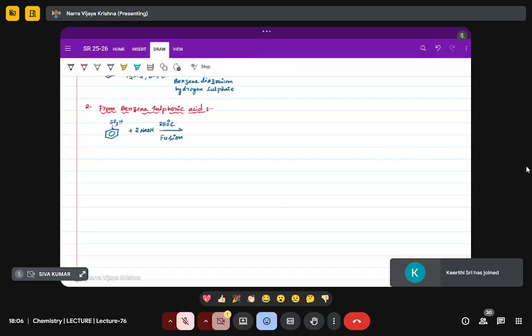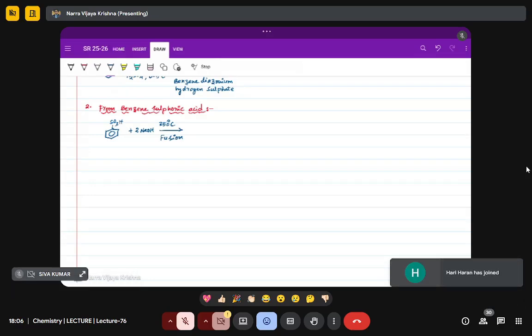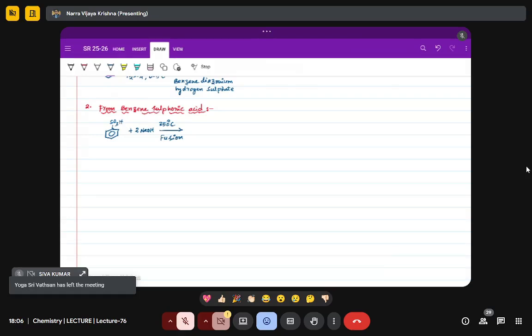On benzene, if you have an OCH3 group, what do we call it? Anisole. Methoxybenzene, we also call it anisole. If it is OC2H5 on benzene, OCH2CH3, ethoxy, then it is called?